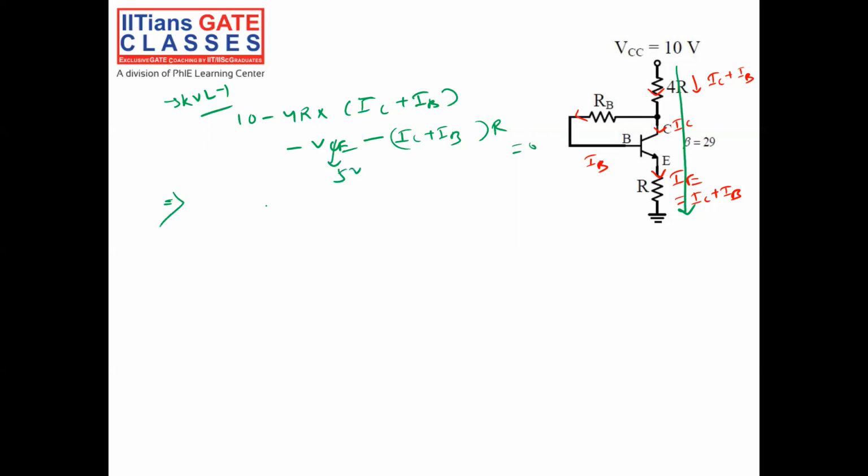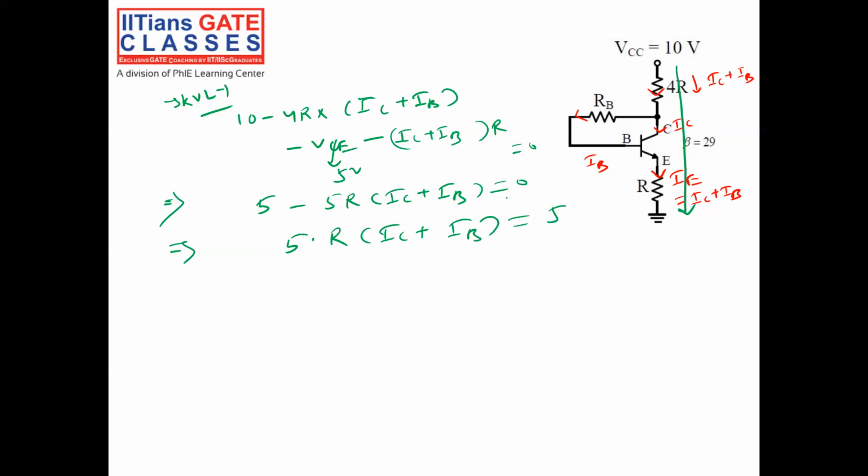So 10 minus 5 is 5 volt, minus 4R plus R, which is 5R, into IC plus IB is equal to 0. This implies 5 into R into IC plus IB is equal to 5.